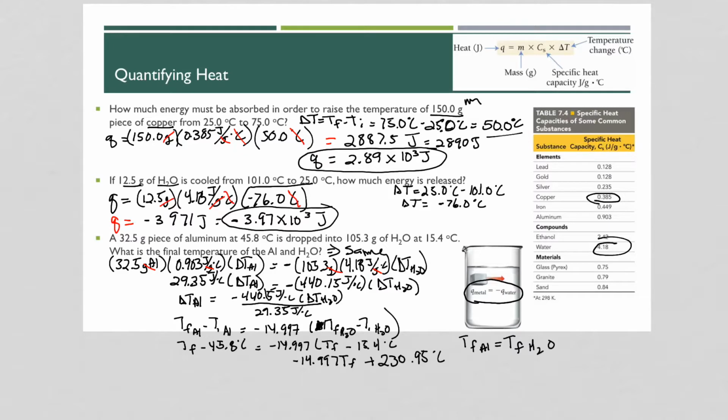So now we can group terms a little bit here. We have a negative 14.997 TF, and we have 1 TF over here.